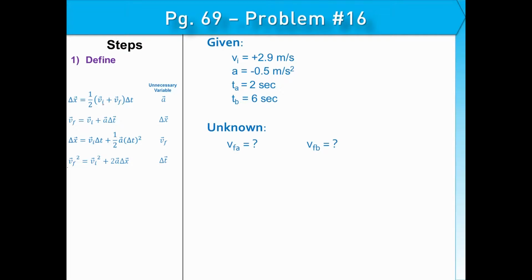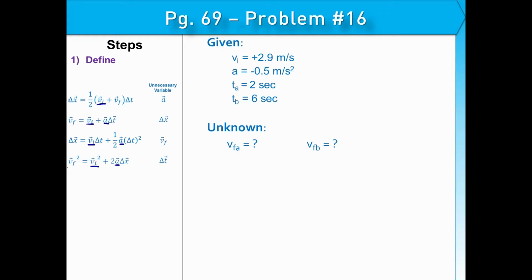All four equations have initial velocity somewhere in there, so I haven't eliminated which equation yet. But if I go to the second variable, acceleration, I need acceleration to appear. In the first equation, acceleration does not show up. But in the second equation, acceleration shows up here, here, and here.